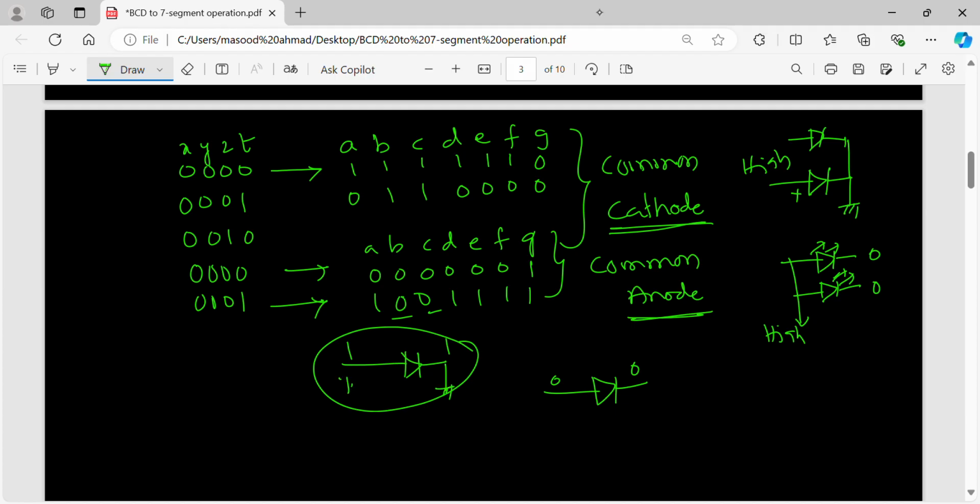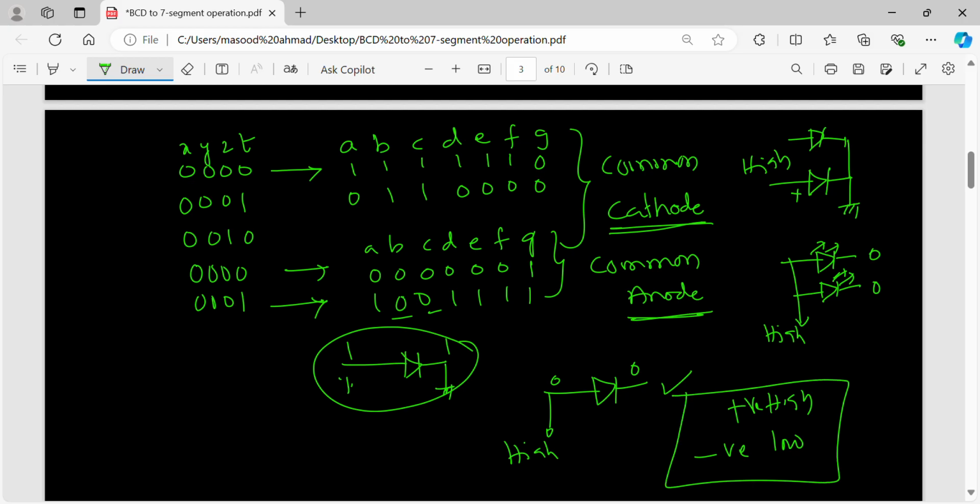If it is already connected to high, give it 0, so that it is going to function. On the whole, positive should be connected to high and negative should be connected to low. With this, your LED is going to work. So this is the basis for the BCD to 7 segment decoder design for common anode and common cathode. We will see common cathode followed by common anode.